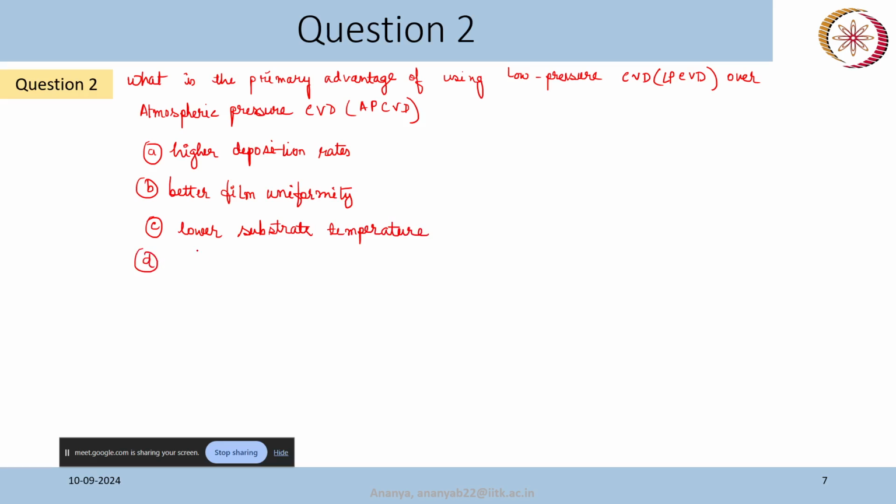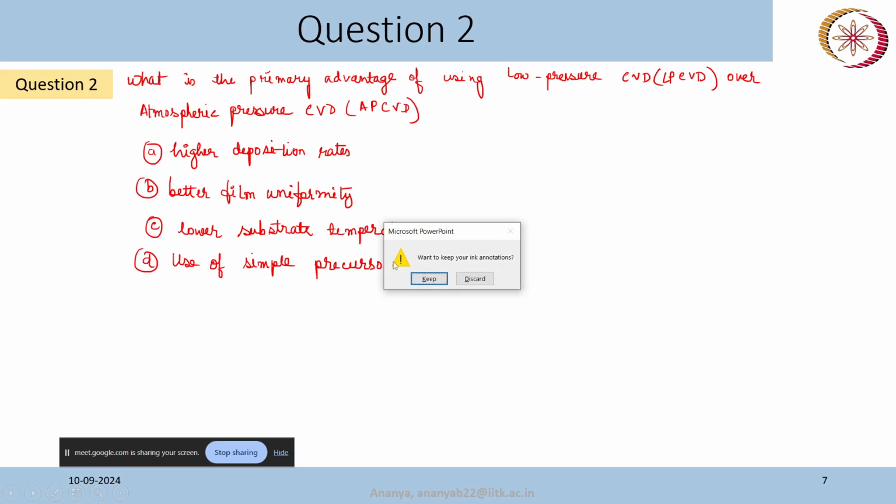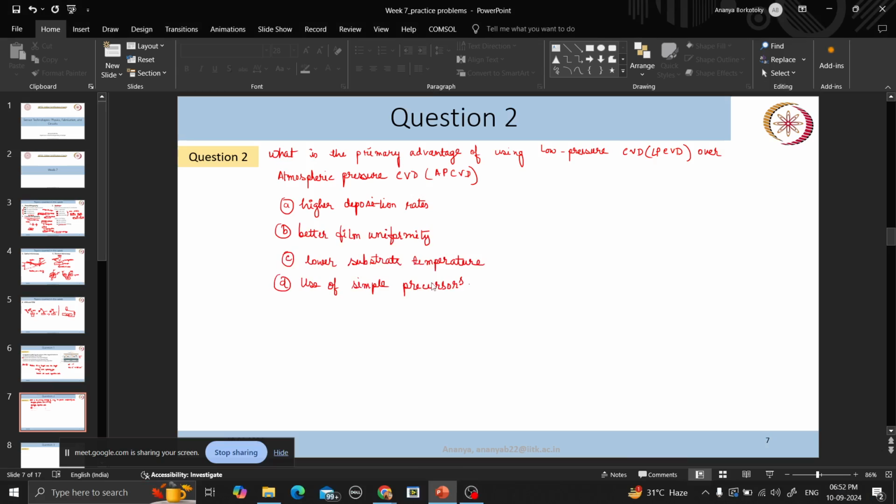Last option is use of simple precursor. So what is the correct answer? Again, I will give you 2 minutes to write down the answer in the chat box, and this time I'm hoping that I will at least get some answers from you.